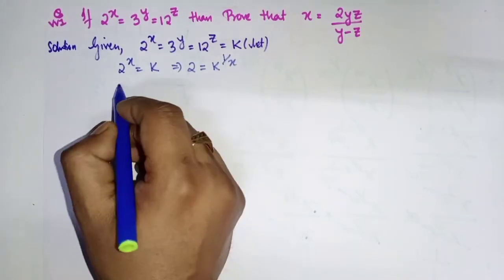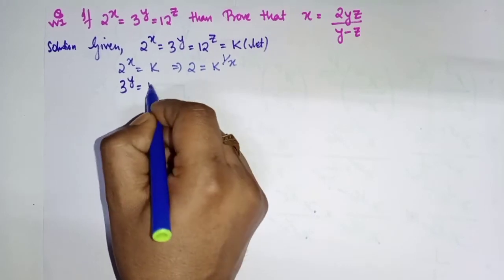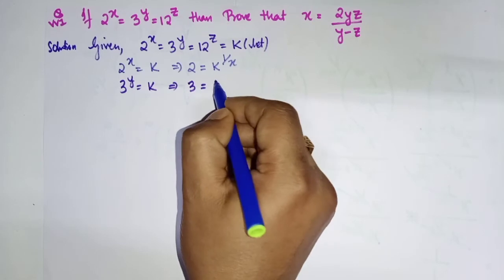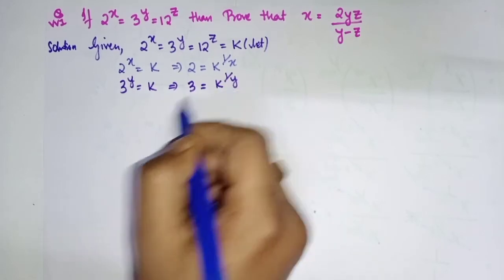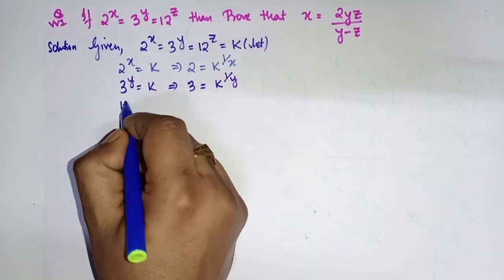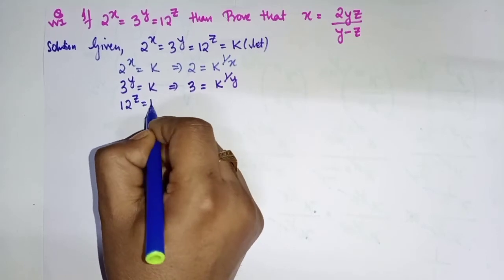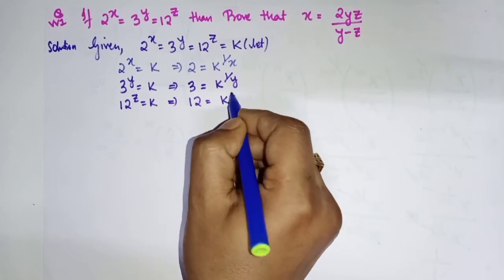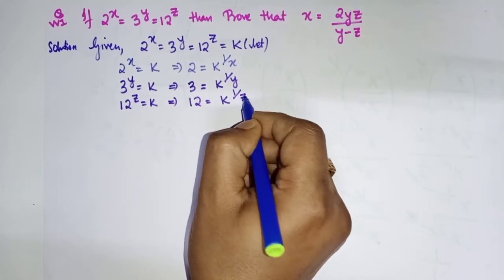Similarly 3 to the power y equals k, which implies 3 equals k to the power 1 by y. Similarly 12 to the power z equals k, so 12 equals k to the power 1 by z.